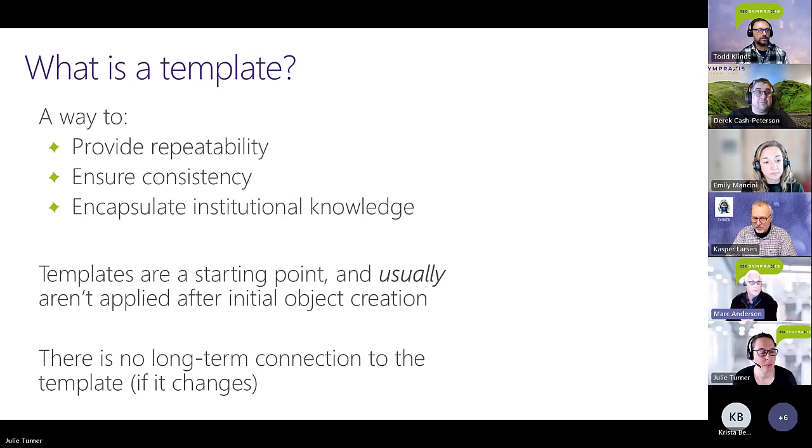If you were using a physical world template to make a pewter mug, you would use it to make the pewter mug, and then you're done, right? You can't reapply that template to the pewter mug because you already have the pewter mug. There are instances where we can reapply templates, and we'll talk about those when we're talking about the different kinds of templates.